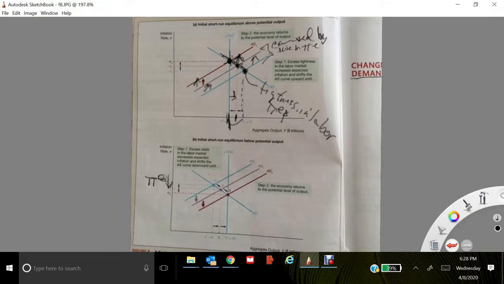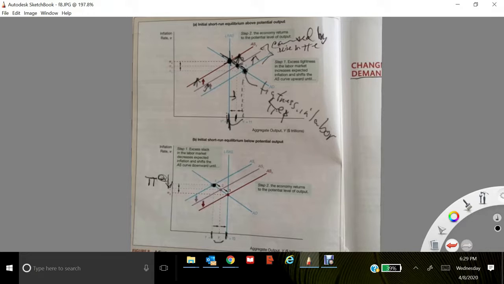Similarly, you could take the case where we were initially, for some reason, at an output level less than potential level. We would be at an equilibrium here, and there would be slack in the labor market, which would cause an expectation of a lower level of inflation.